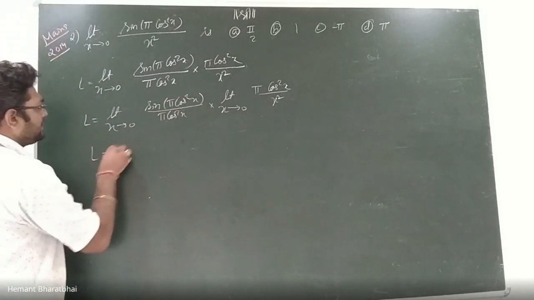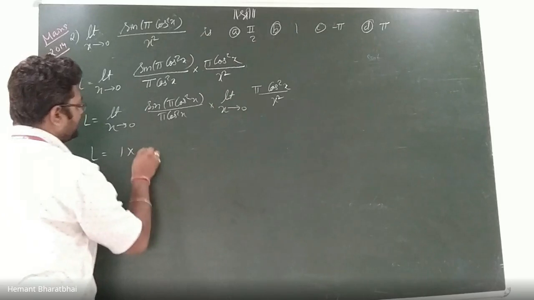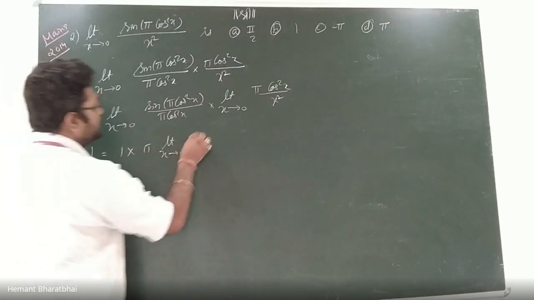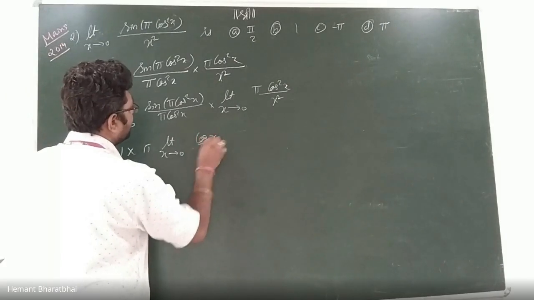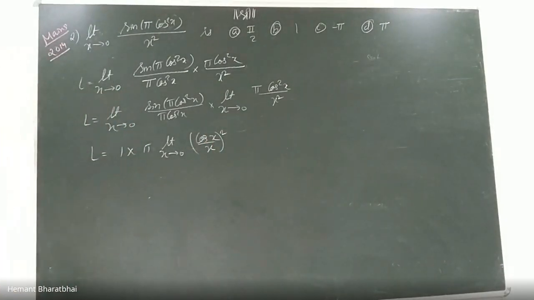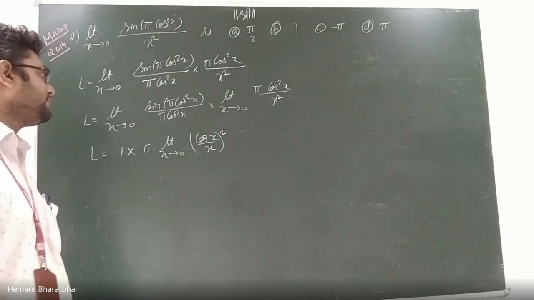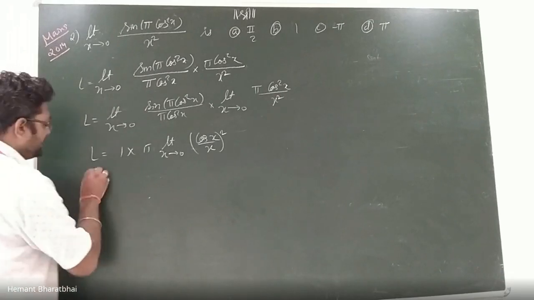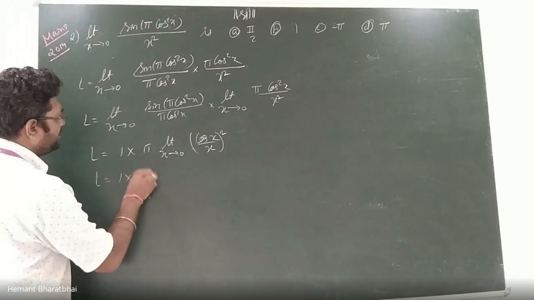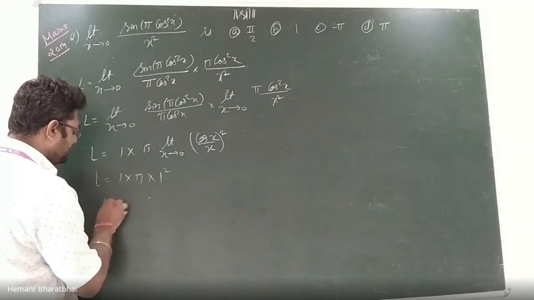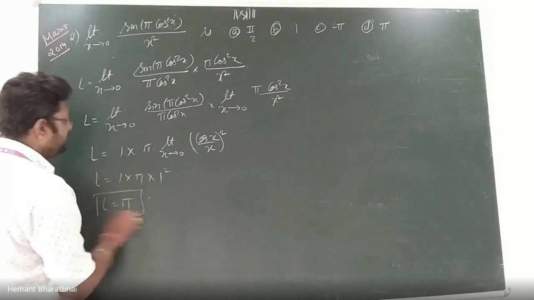So I'll get L is equal to 1 into pi, which is constant and comes outside, limit of x tends to 0, and this can be written as cos x by x the whole square. Cos of x by x, this is also 1. So I'll get L is equal to 1 into pi into 1 square. 1 square is 1 only, so the limit is pi.